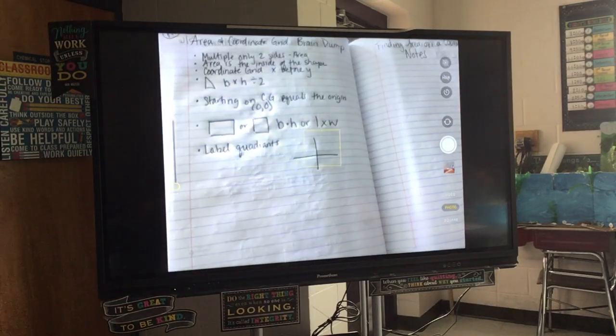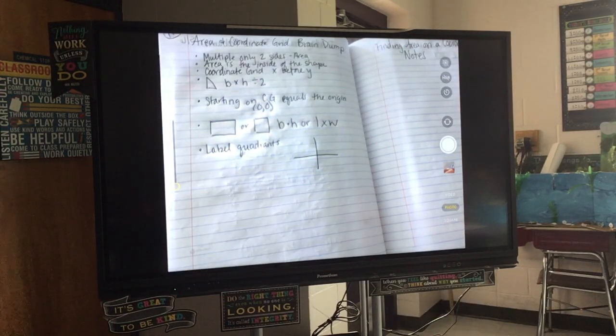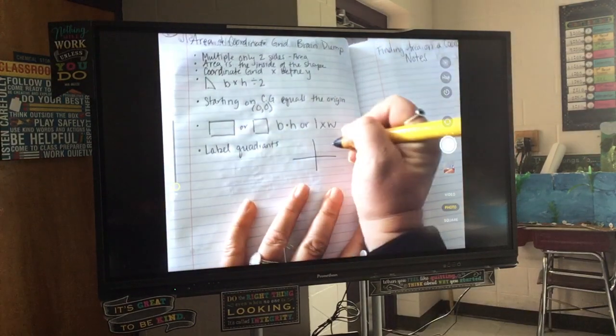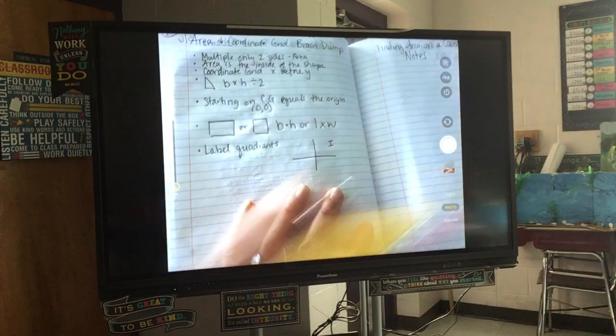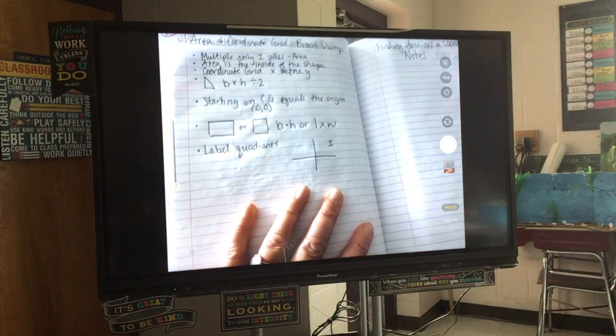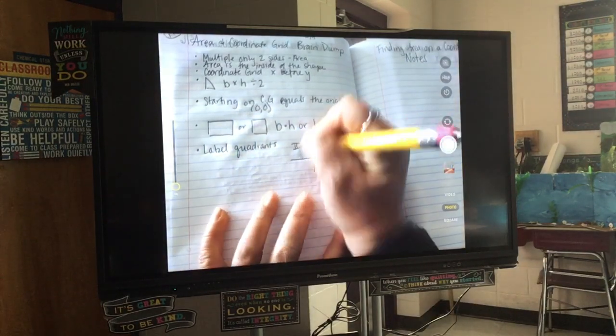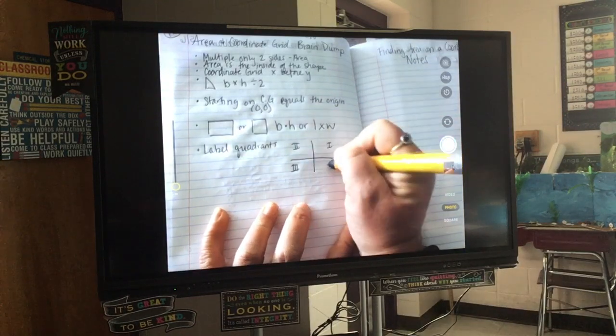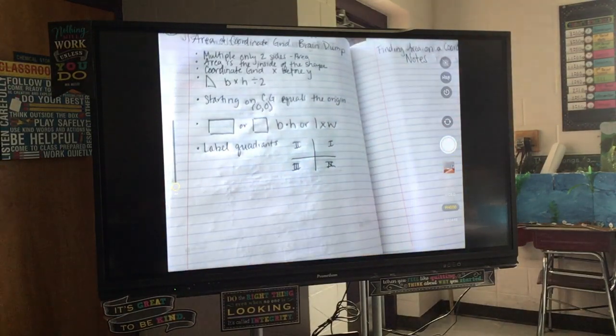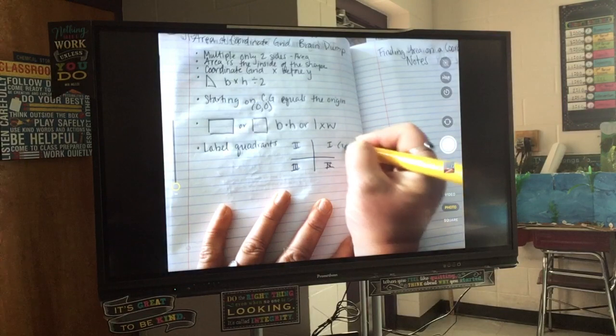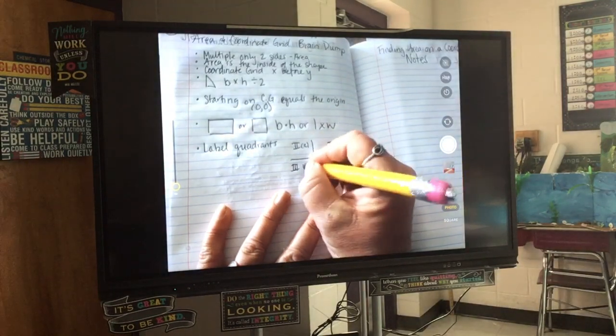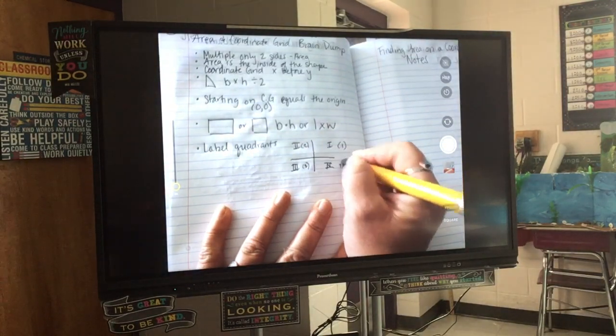Does one start over here? Does one start over there? The top left. Right. Top right. Or if you're confused about Roman numerals, this is 1, it's 2, 3, and 4.